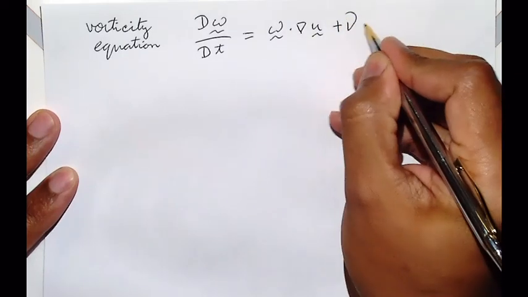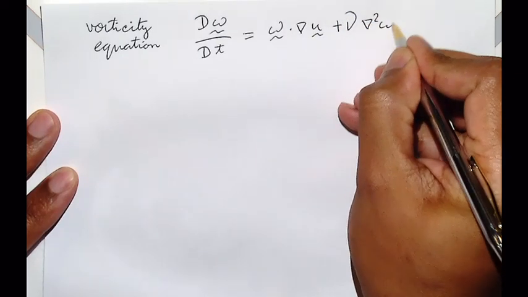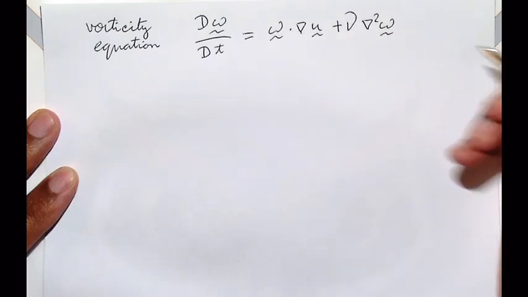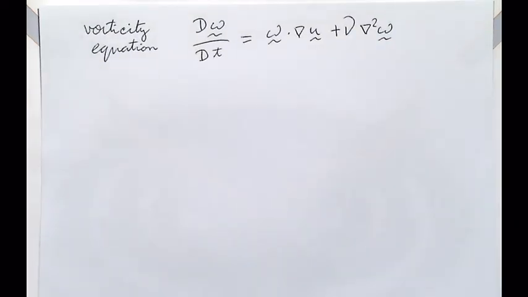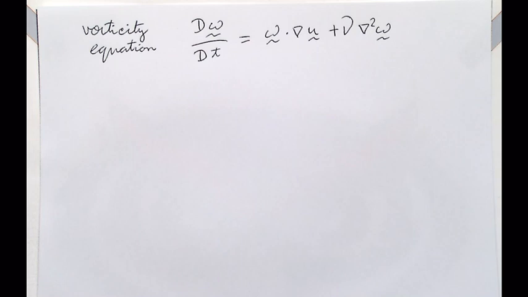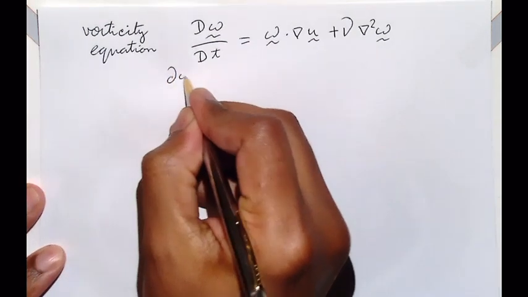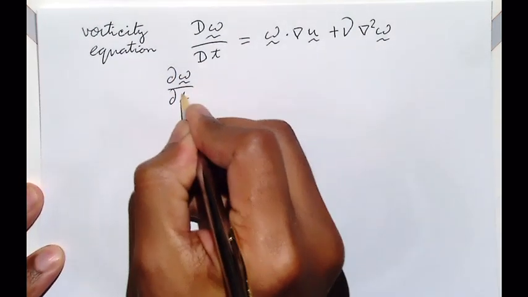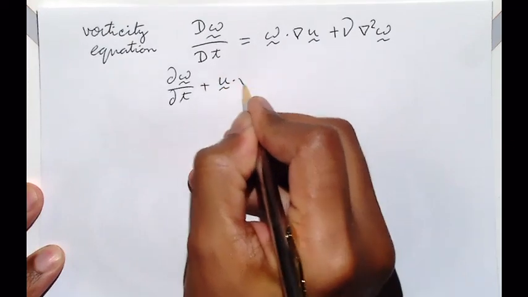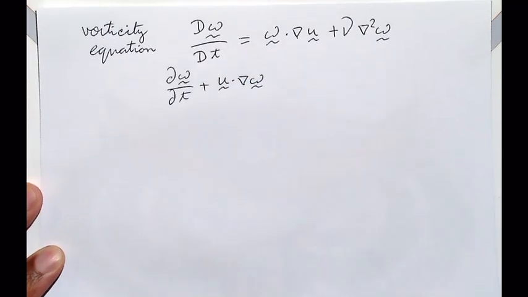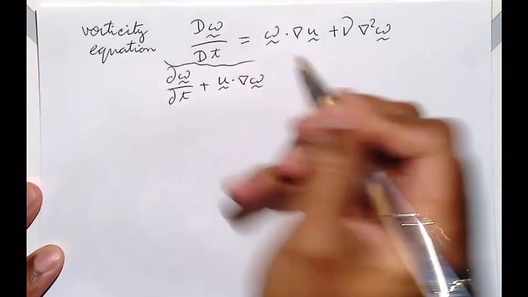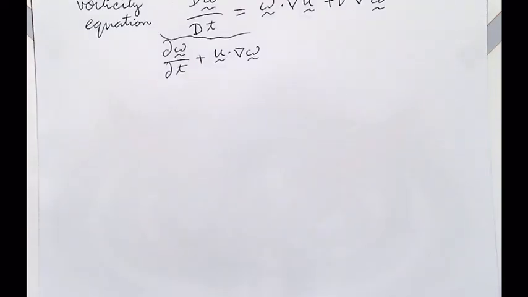Then there's the diffusion term, and that's it. There's no pressure term, and the left side, if you expand it out, is d omega by dt plus u dot grad omega.